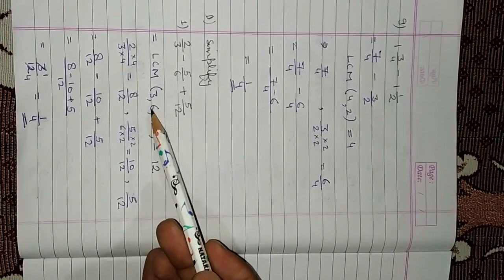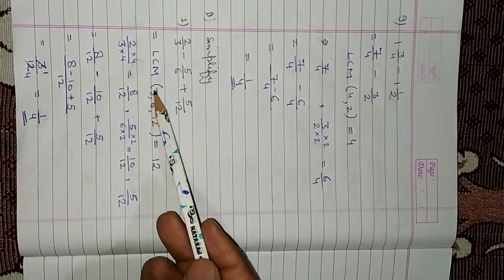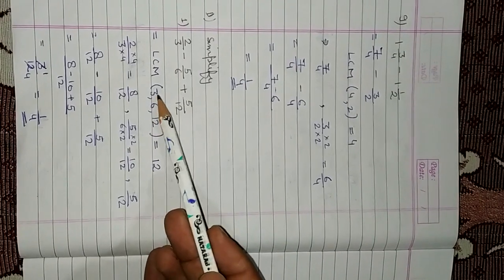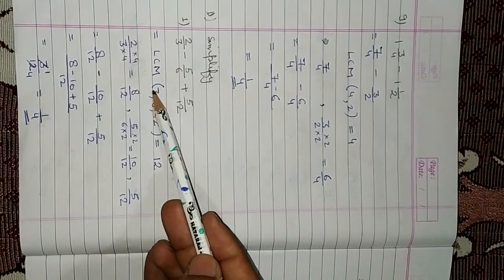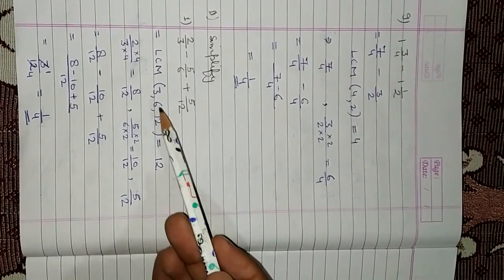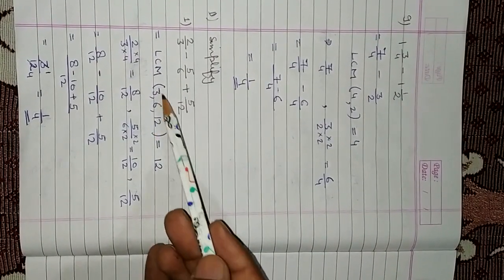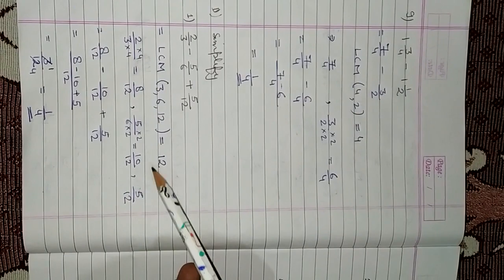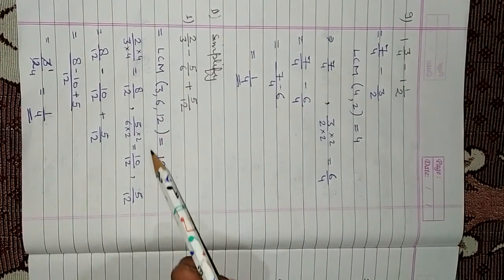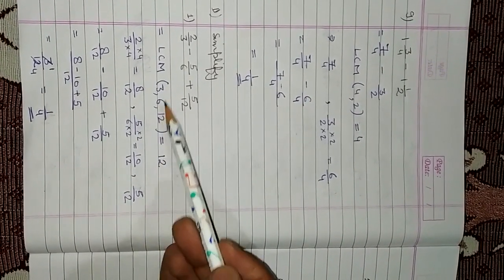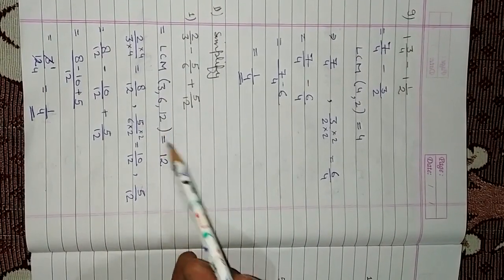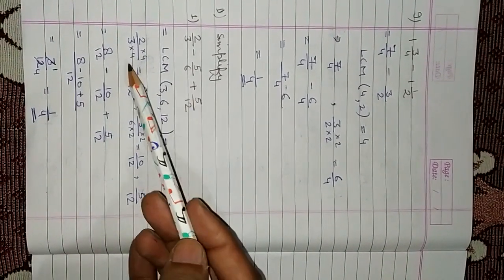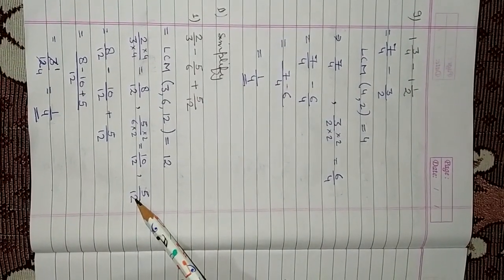If the greater number is a multiple of the smaller numbers, meaning 12 is a multiple of 6 and of 3 also, then the LCM is the greater number, 12. So LCM is 12. Now convert the fractions into like fractions.